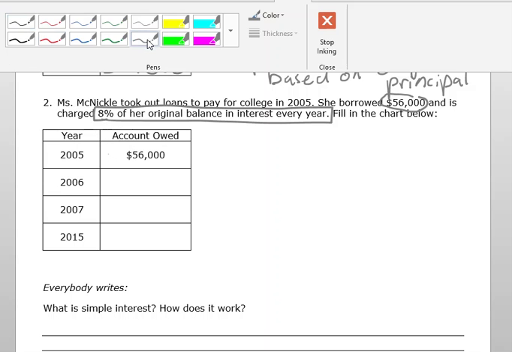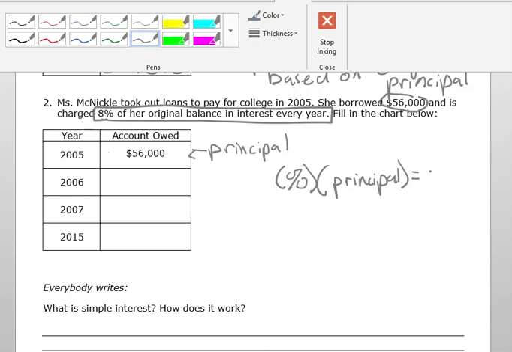The program doesn't work very well in graphs. Okay, so here's my principal. And so I'm going to take my percent times my original, my principal, to get my yearly interest.